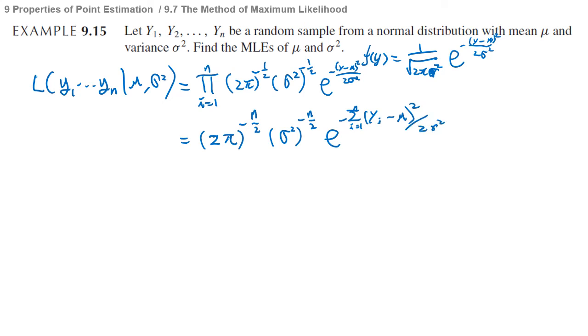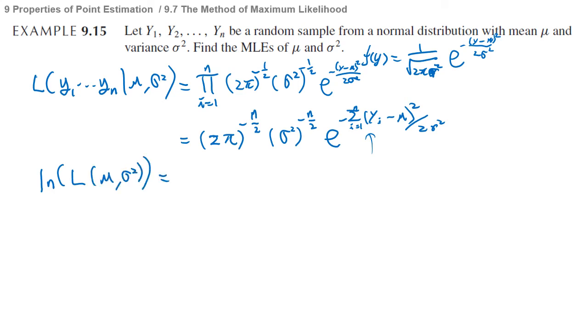Okay, and we want to find the value that maximizes this likelihood, and it's hard to get the derivative and find the maximum with this notation. So the trick is taking a log, take log of L of mu and sigma square.